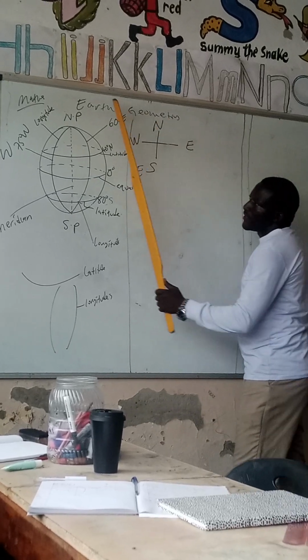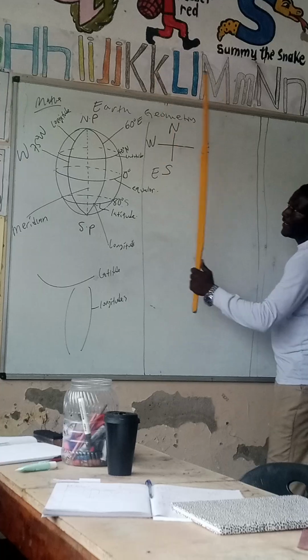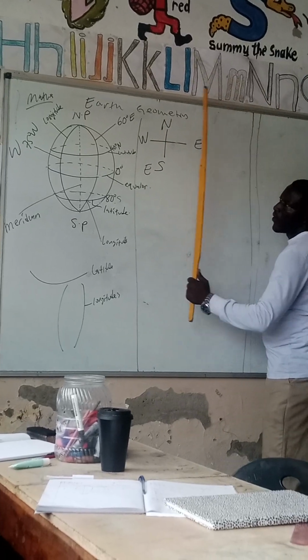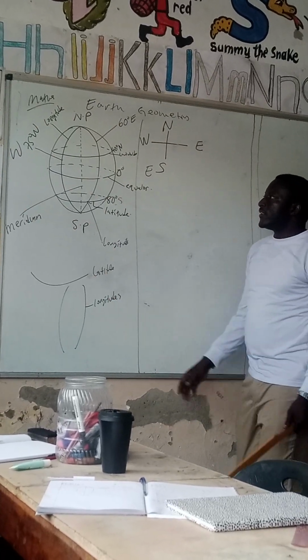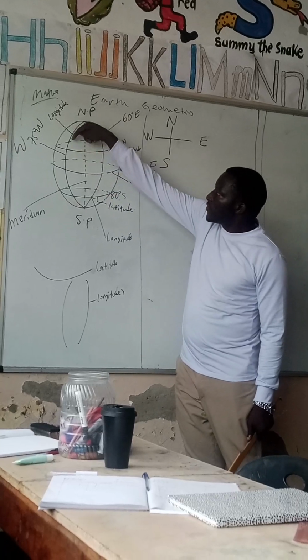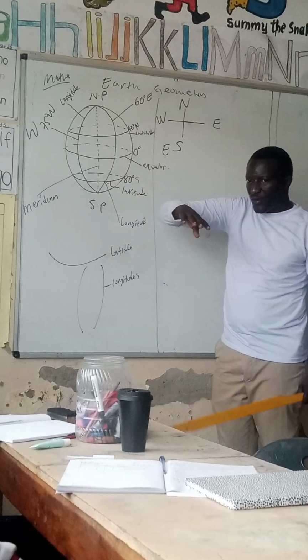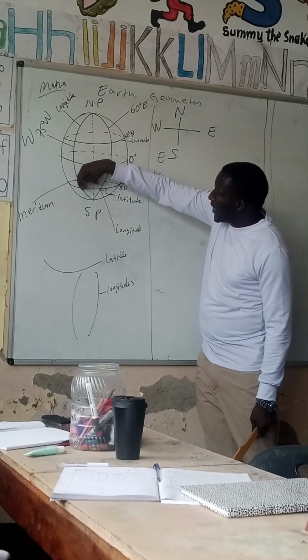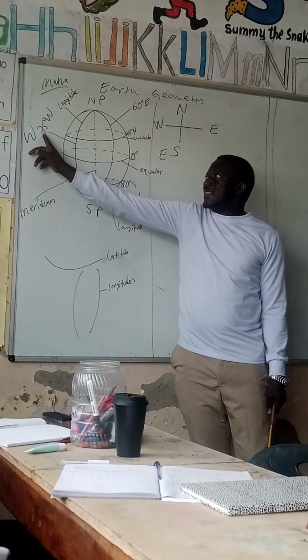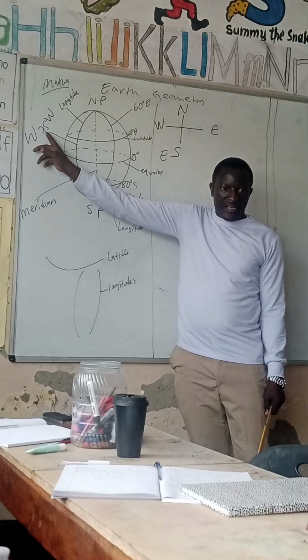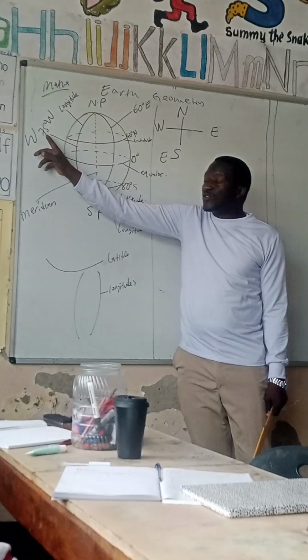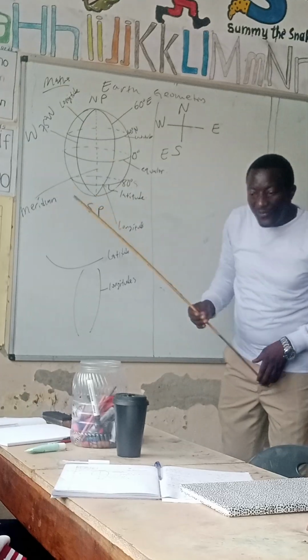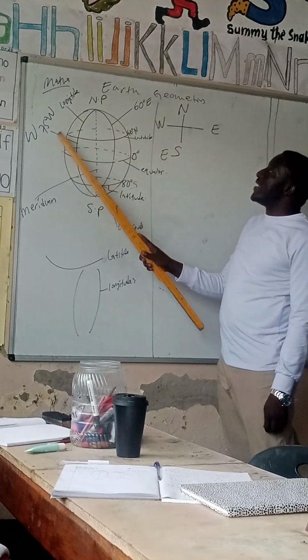The earth also has the west part and the east part. These circles, for the sake of understanding, are also random numbers.